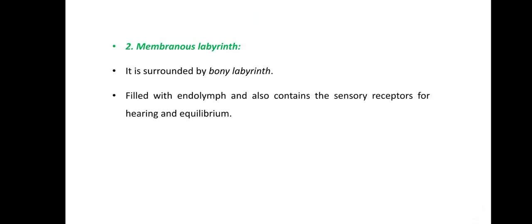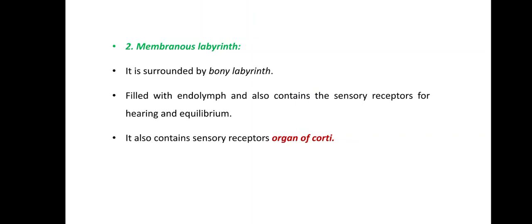It is filled with endolymph. As we said earlier, the bony labyrinth is filled with perilymph, while inside the membranous labyrinth there is another liquid, known as endolymph. It also contains the sensory receptors for hearing and equilibrium.